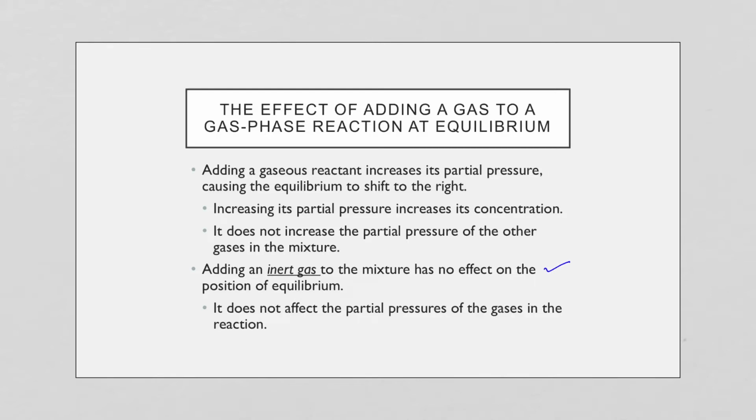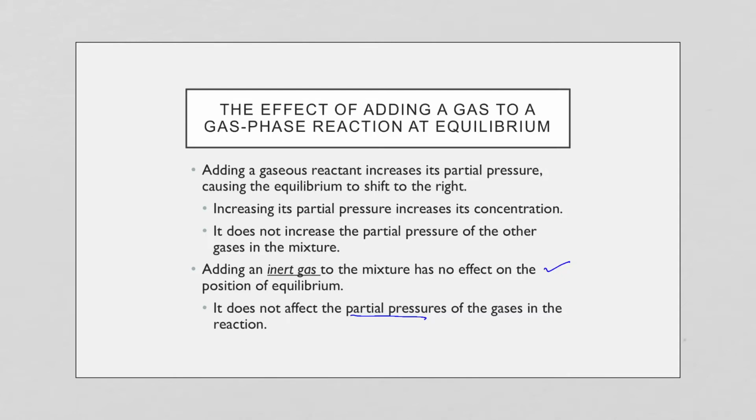It's not going to have any effect on the position of equilibrium because it does not affect the partial pressures of the reacting gases. It changes the total pressure, but we're not changing the individual pressures, so there's no effect on the equilibrium.